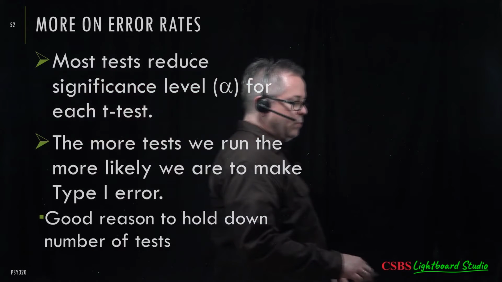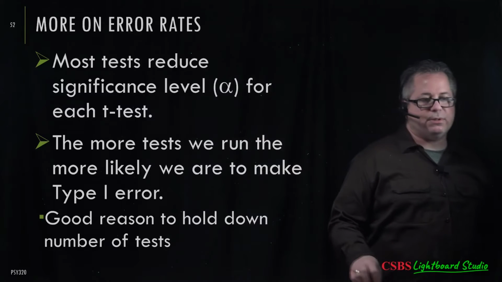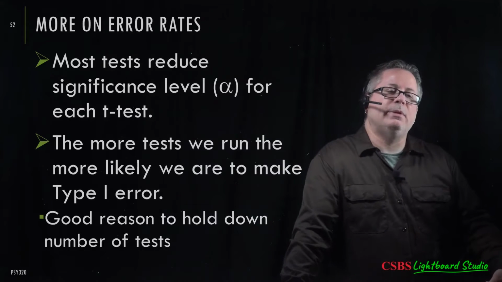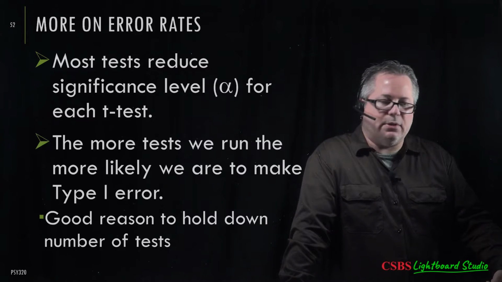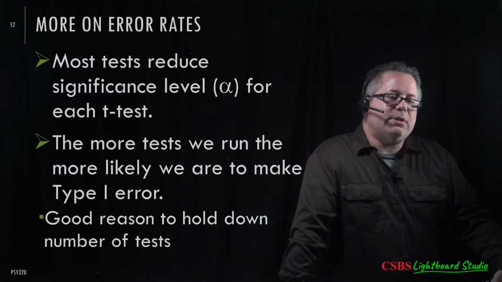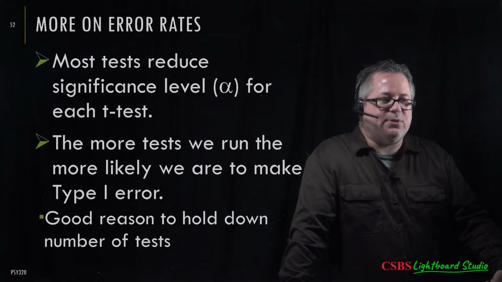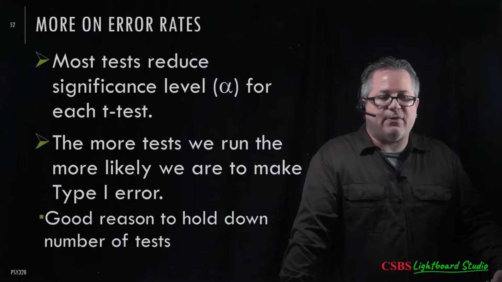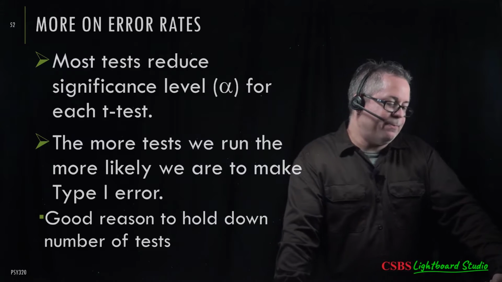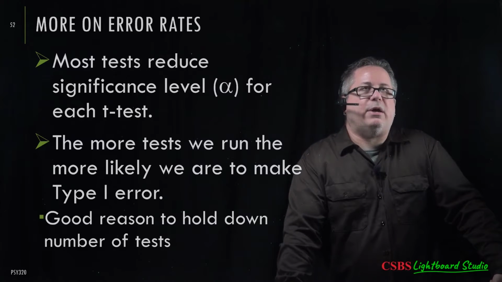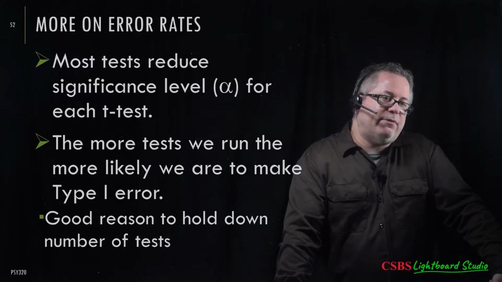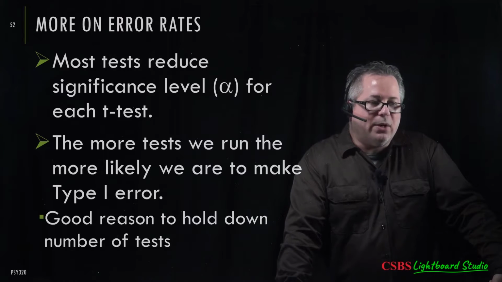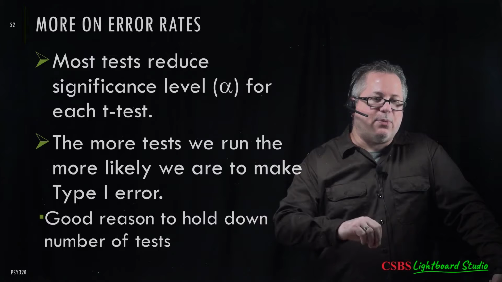So most of these approaches, we're going to talk about this Tukey test and another one called the Bonferroni adjustment. Most of these work by trying to reduce the significance level of each test. A real simple idea is if I'm doing 5 t-tests and I want the overall alpha level to be 0.05, well, then I'll do each of those t-tests at 0.01, so that collectively they add up to 0.05, right?